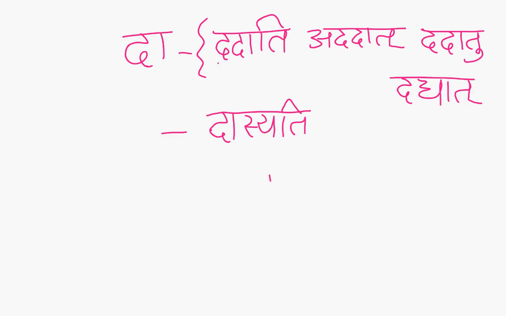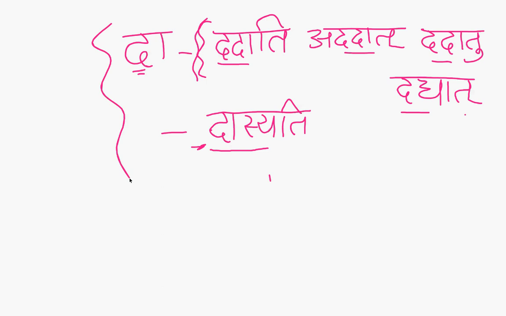You see dadyat also has da repeated. But here there is just dasyati, not dadasyati. So there is no repetition of the dhatu in this lrit lakara, whereas in this set of four lakaras, the da is repeating. This is the speciality of Juhotyadigana, the third one.